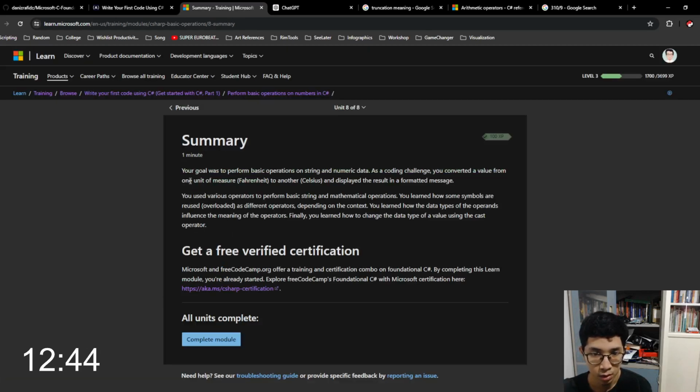Okay. Summary. Your goal was to perform basic operations on string and numeric data as a coding challenge. I did some basic operations on string and numeric data as a coding challenge. You convert a value from one unit of measure, Fahrenheit, to Celsius and display the result. You use various operators to perform basic string and mathematical operations. You learn how some symbols are reused, overloaded.